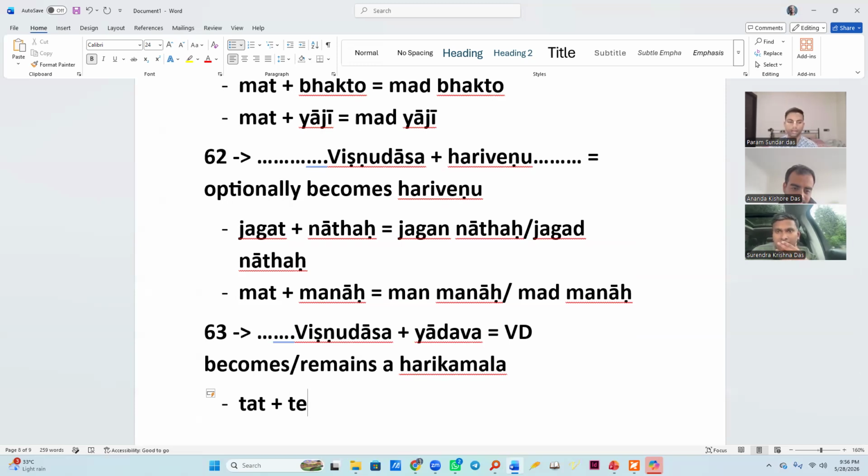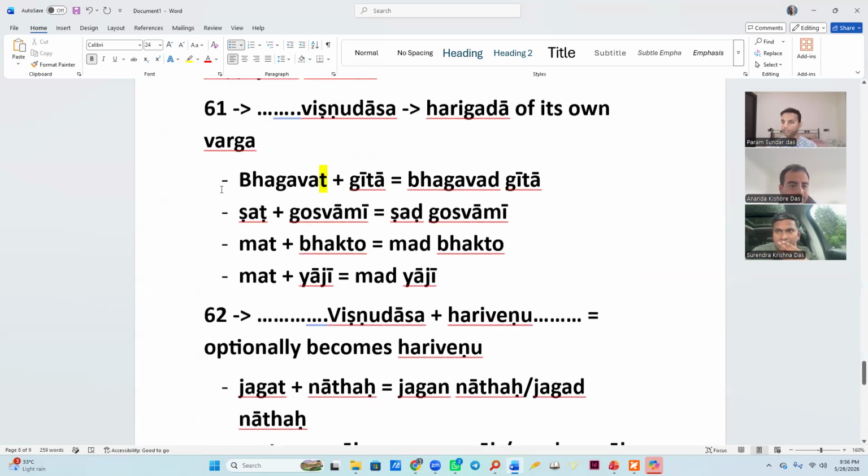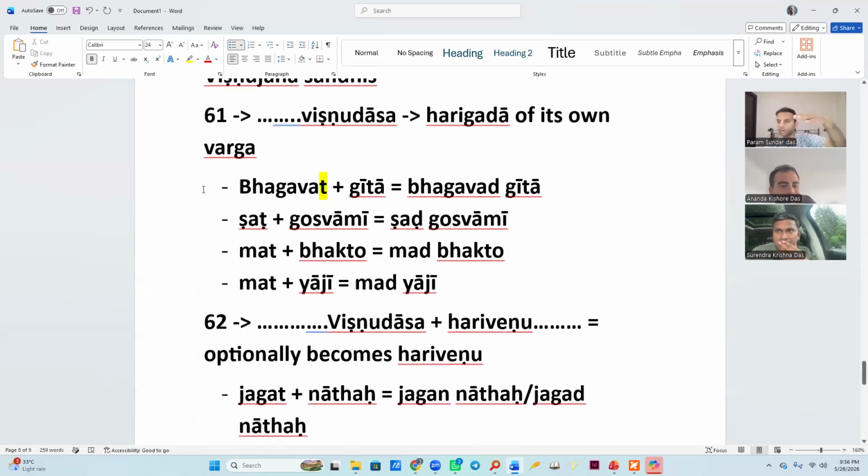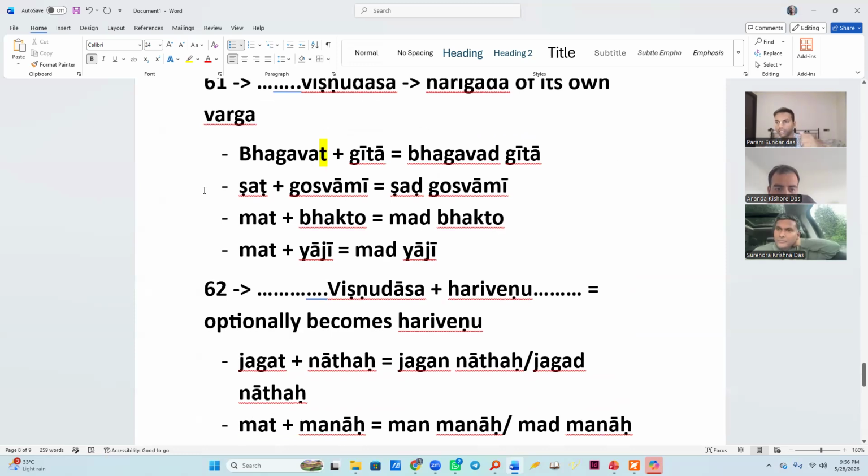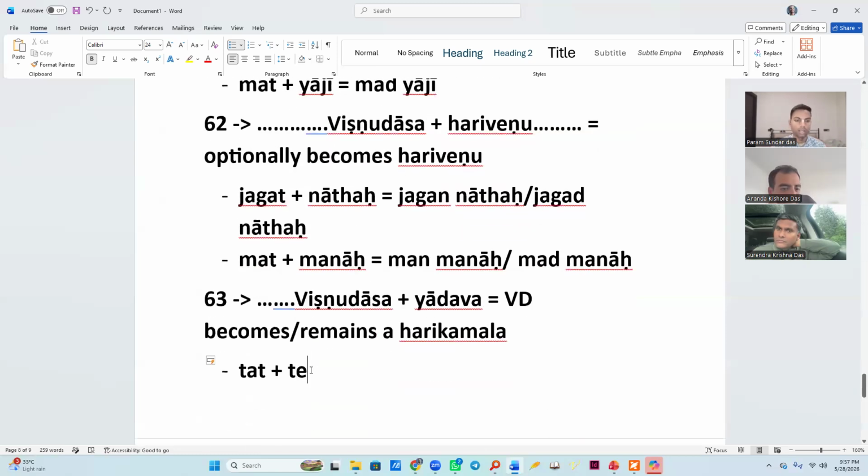See, 62 and 63, you can say they are extension or exception to 61. 61 was the general rule where we didn't see what is following ahead. But in 62 and 63, we are seeing what is following ahead, and accordingly we are doing some exceptional change. So in 63, Tat Te, the Ta here is Vishnu Dasa, and the following Ta is a Yadava.